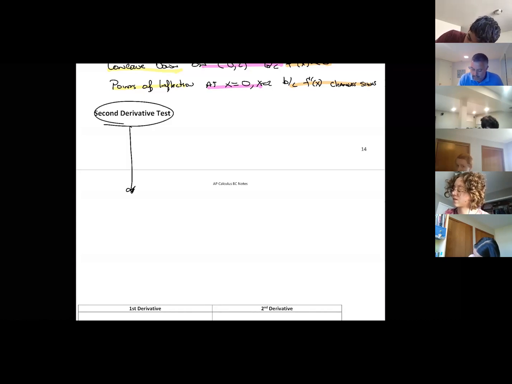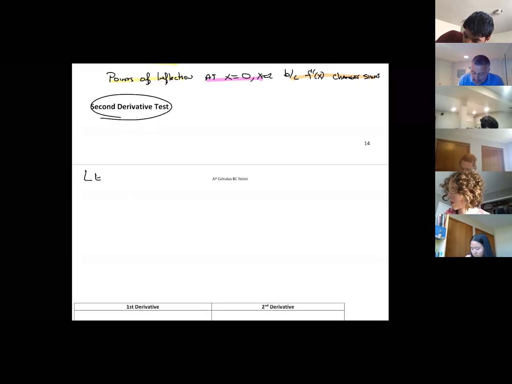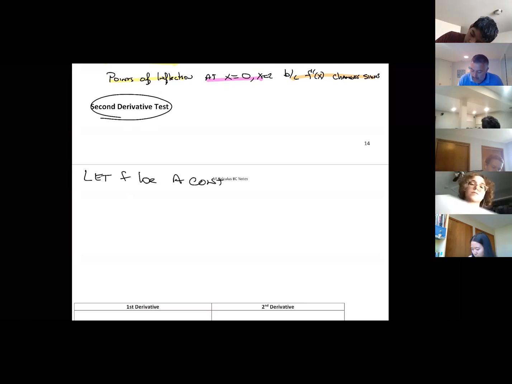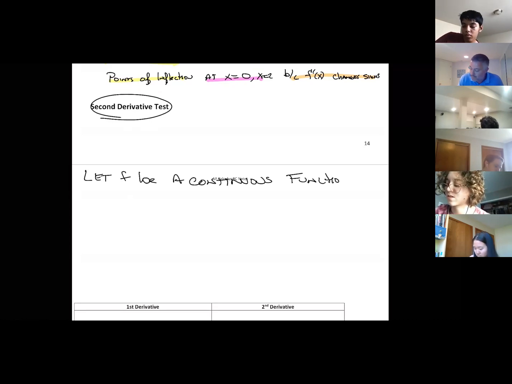So the second derivative test is when f is a continuous function, let f be a continuous function such that f prime of x equals 0.